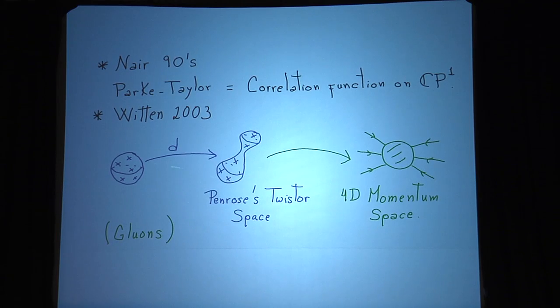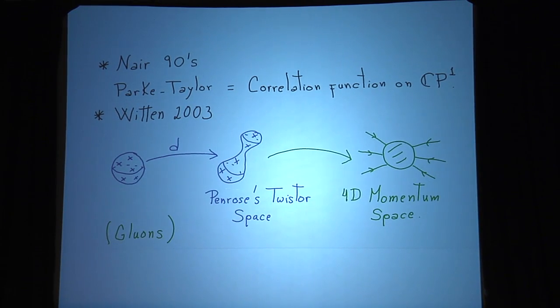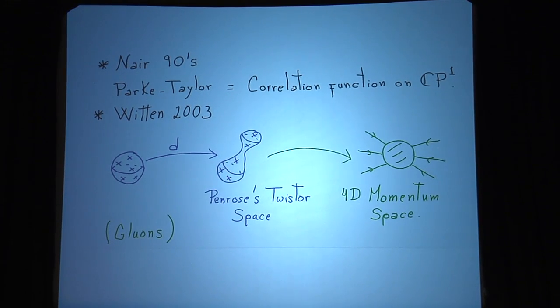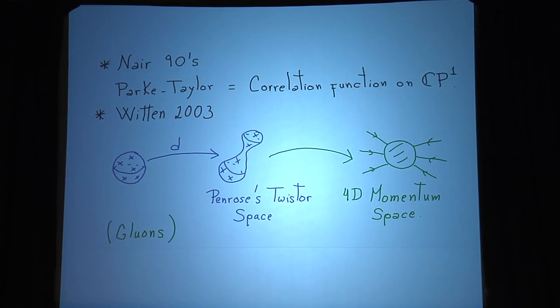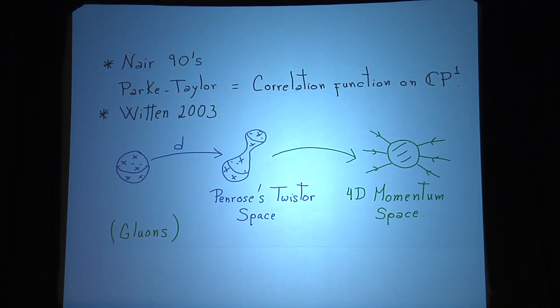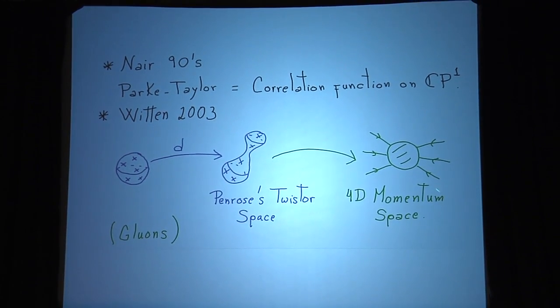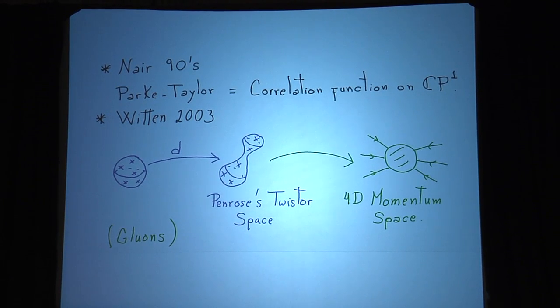The CP1 was somehow a CP1 that could serve as the world sheet of a string theory whose target space was Penrose's twistor space. And depending on the degree of the embedding into Penrose's twistor space, you could get other helicity configurations. And then you map to four-dimensional momentum space to get the amplitudes. And this was all done for gluons. And this gave rise to twistor string theory.